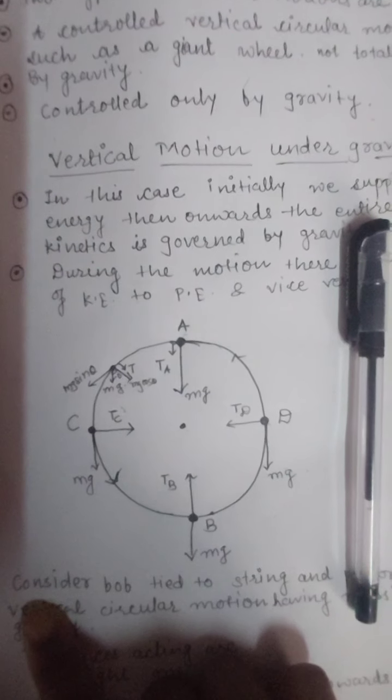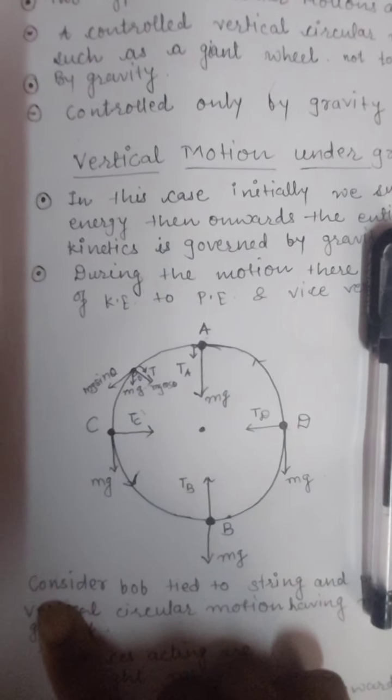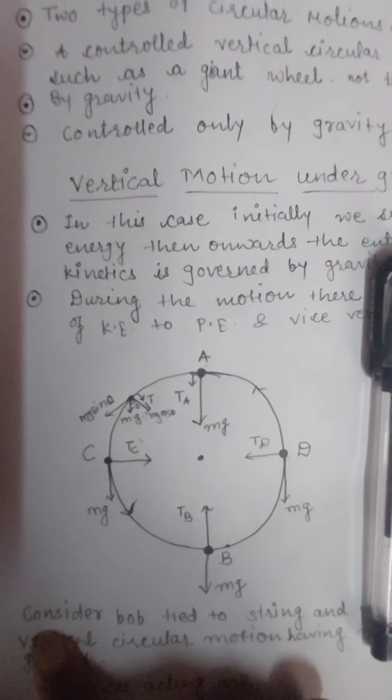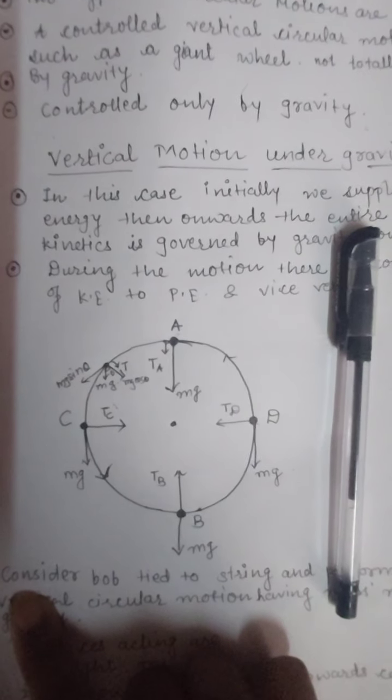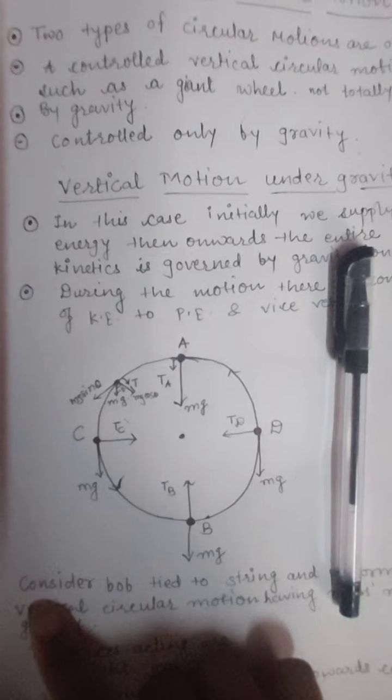So it will be TB minus mg, because both are in opposite directions.